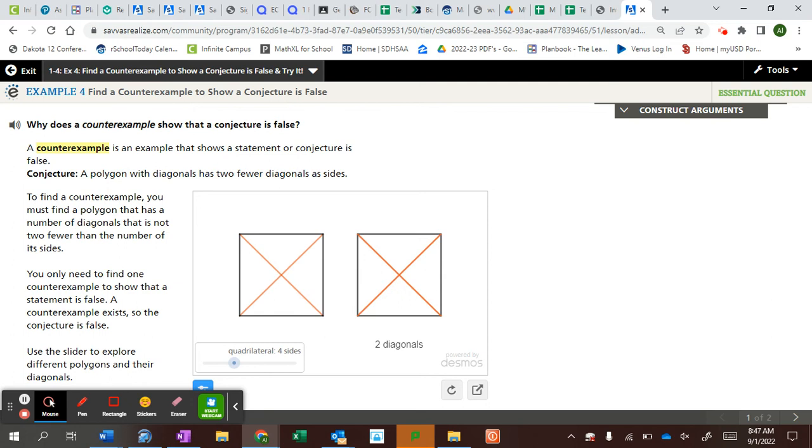All right, so we're going to look and see if we can find a counterexample to this statement.